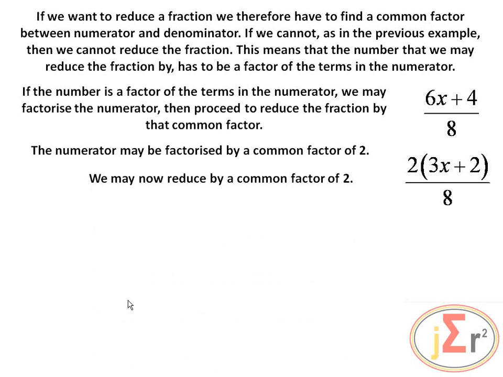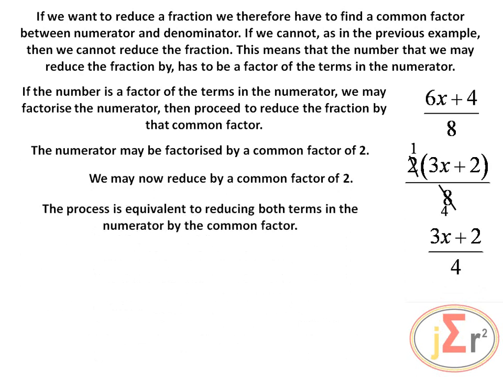We may now reduce by a common factor of 2. 2 into 2 is 1 and 2 into 8 is 4. 3x plus 2 over 4. The process is equivalent to reducing both terms in the numerator by the common factor.